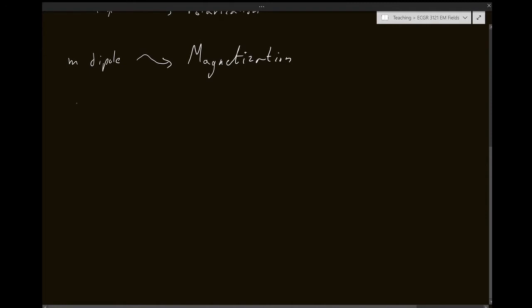Okay, so in the case of E and D fields, the electrostatic fields, we modeled the medium as having a bunch of dipoles that are attached to the medium.